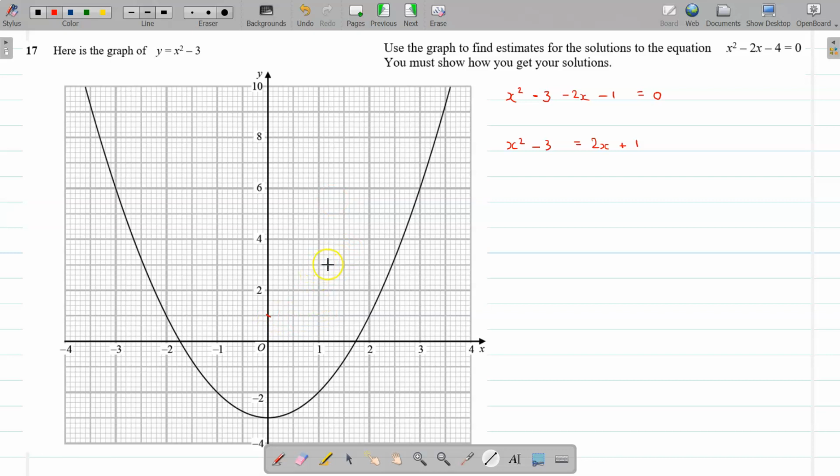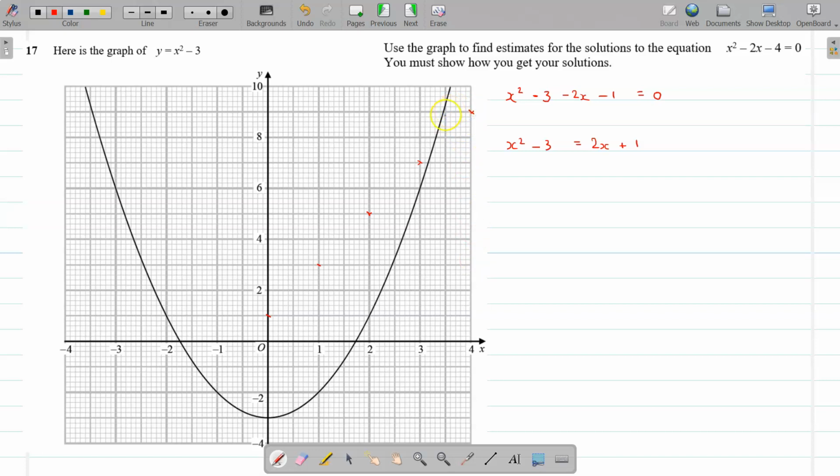So in fact, it's going to go through the points 0, 1, 1, 3, 2, 5, okay, and then we've got 3, 7, which is there, okay, and 4, 9, which is there, okay.